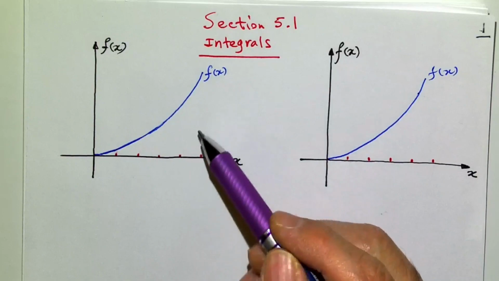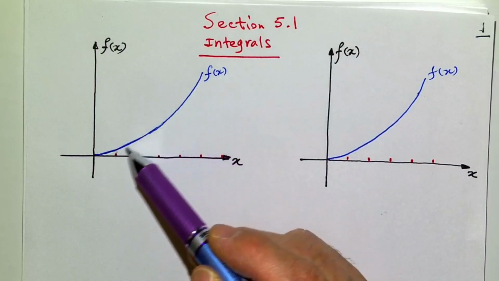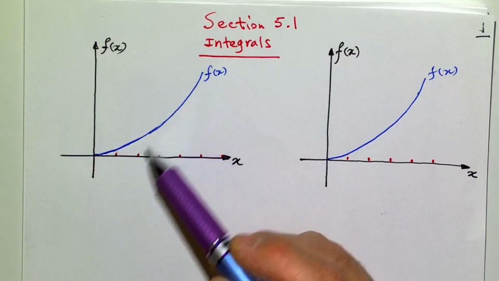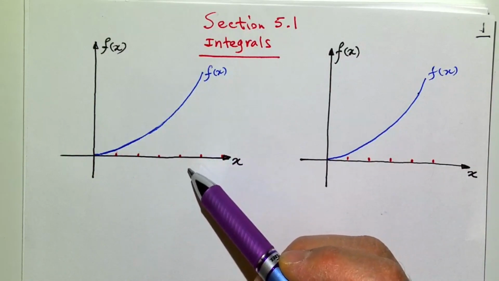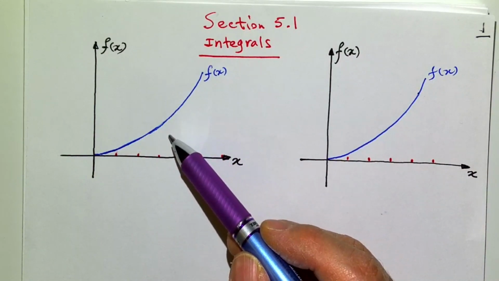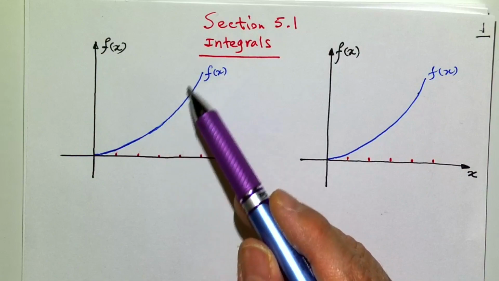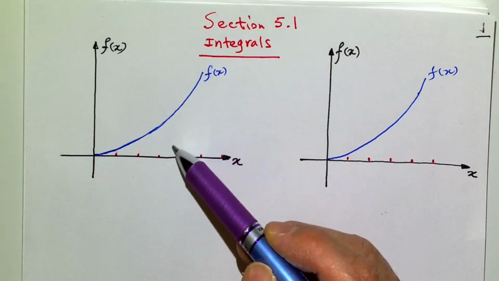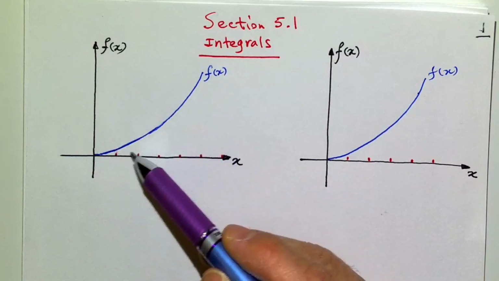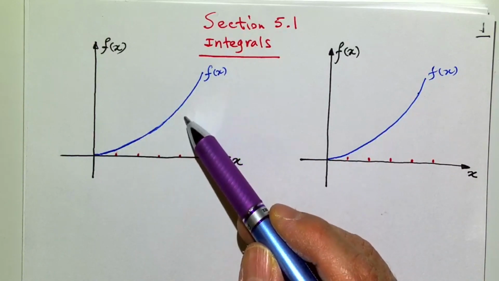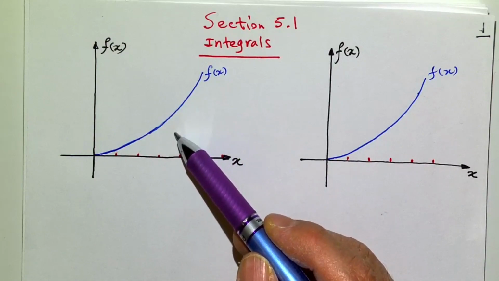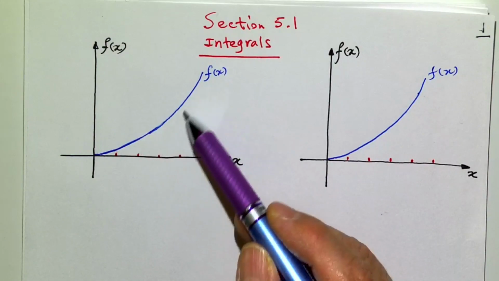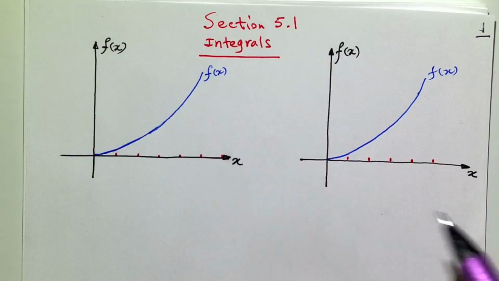So if we break up the area under this curve into equal segments that are comprised of rectangles of different height but the same width, then we can simply add up the area of those rectangles to get an estimate of the area under the curve.